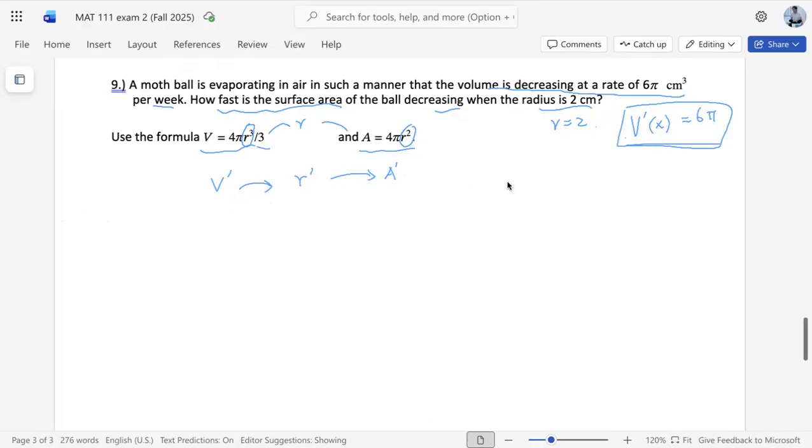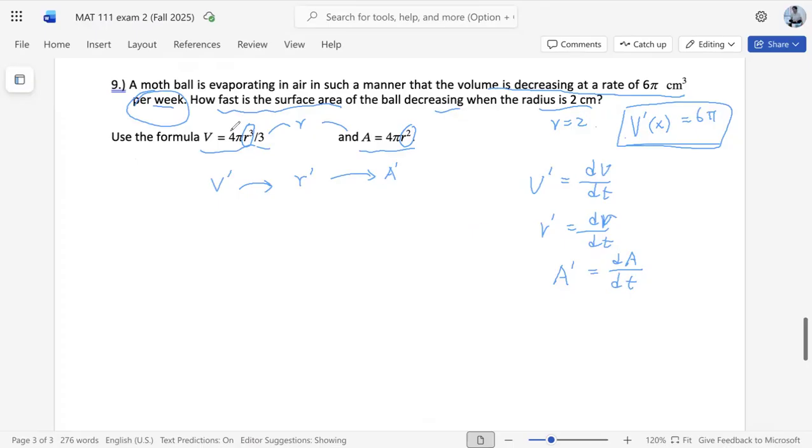All of them you can understand as dV/dt, with time as the dummy variable. R prime is dR/dt. A prime is dA/dt, right? Everything changes in terms of time, but to simplify, we just write down V prime, R prime, A prime, all right?